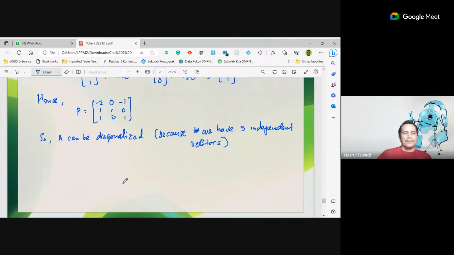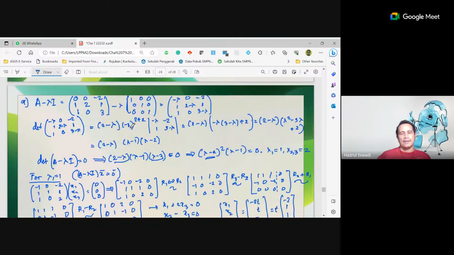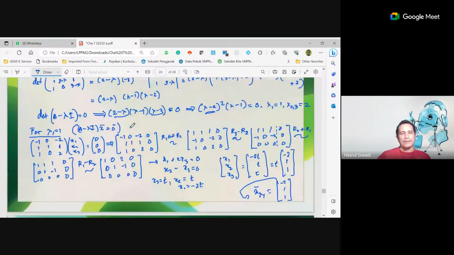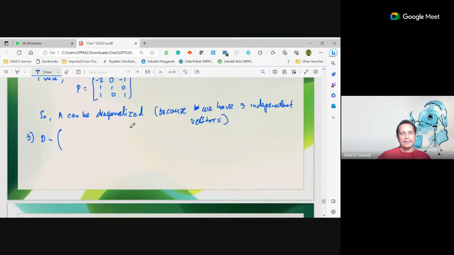After we know that A can be diagonalized, what is the diagonal matrix D? The diagonal contains the eigenvalues of A. Lambda 1 is 1, and lambda 2 and 3 are 2.